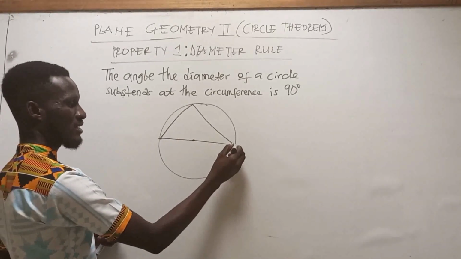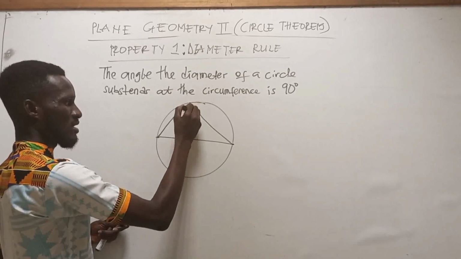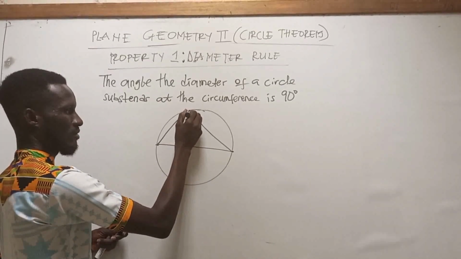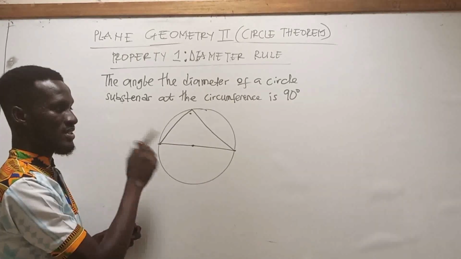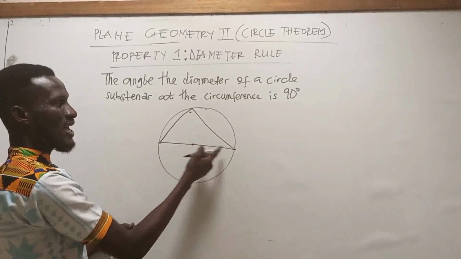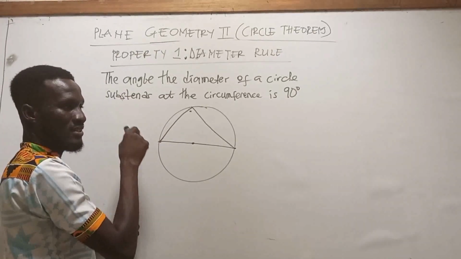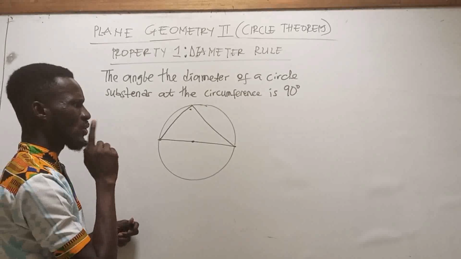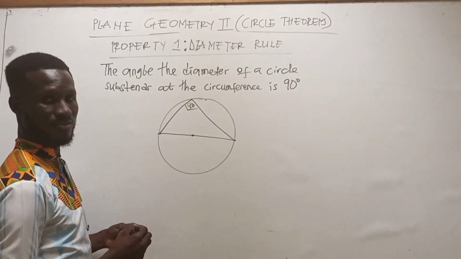Now this is the diameter, the ends of the diameter subtend, and it is forming an angle here at the circumference of a circle. So the theorem is saying that the angle this diameter forms at the circumference of a circle is 90 degrees. So this particular angle is 90 degrees. That is the meaning.